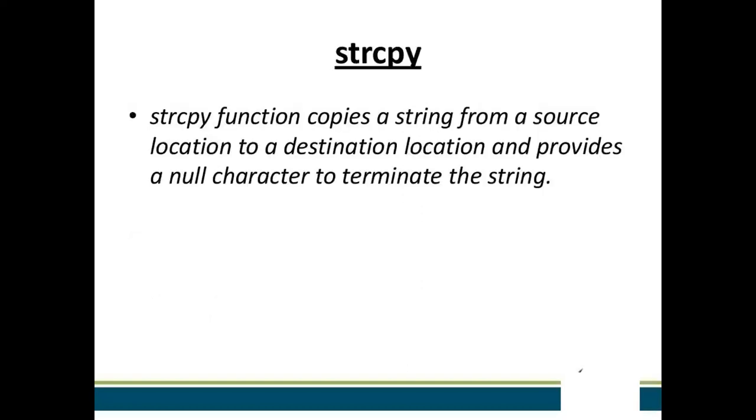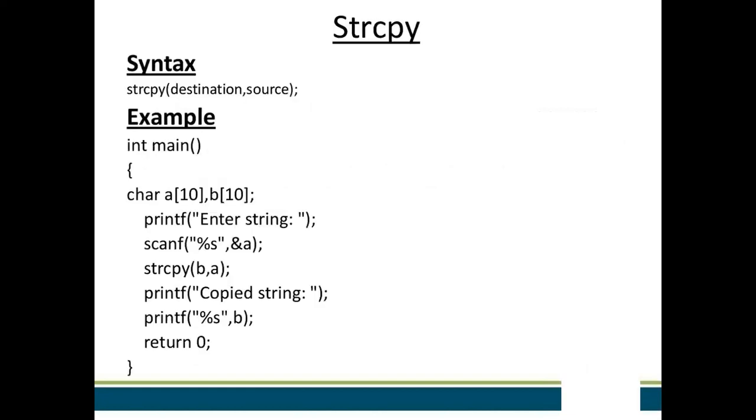Next, we are going to see another function, strcpy, which is used to copy a string from a source location to a destination location. It also adds a null character to terminate the string. In this example, we have two variables A and B, which can hold strings.